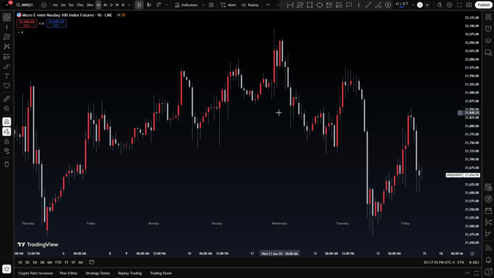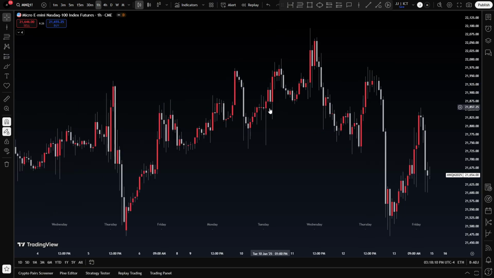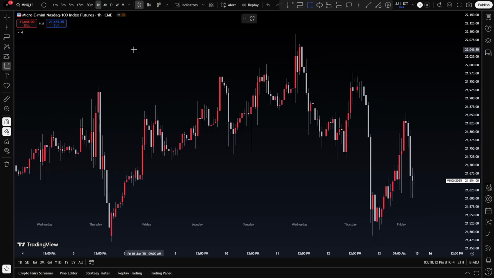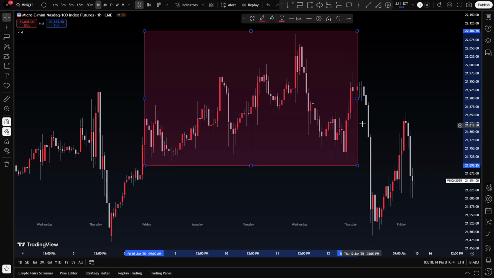Now I want you to pay attention to this. If you were trading that week, you should understand that the market was absolutely cooked. The price action was so terrible. But pay attention to how price is acting in this range right here. You're probably thinking there's nothing really going on.